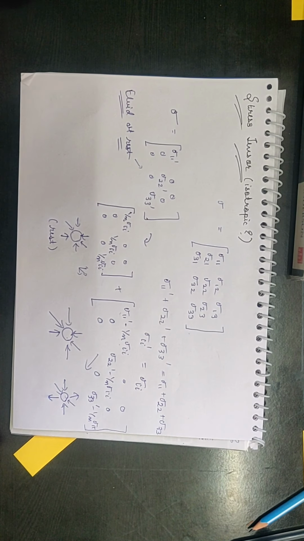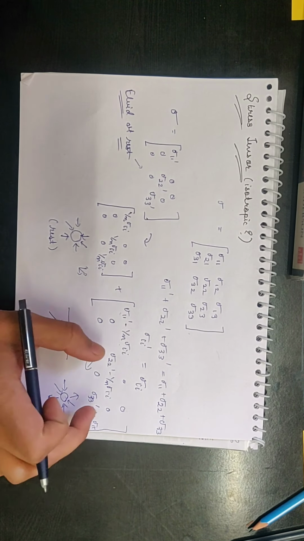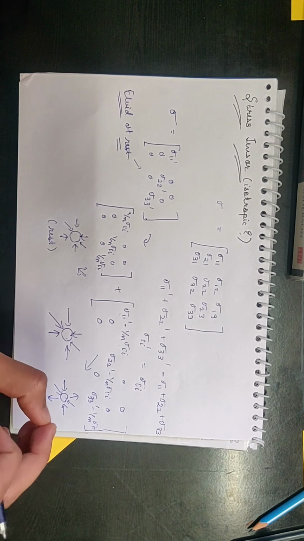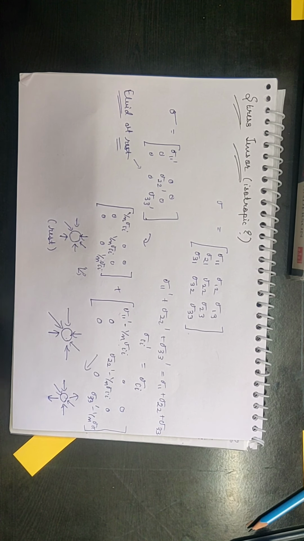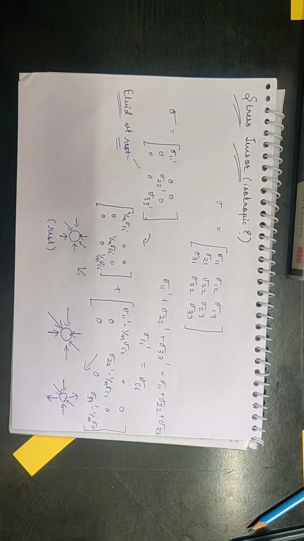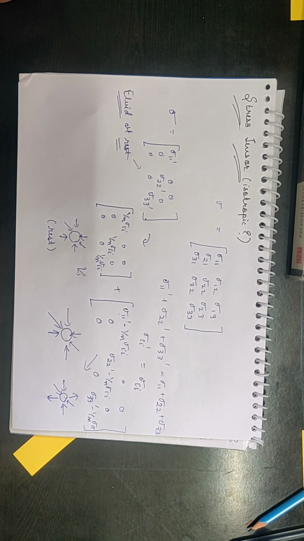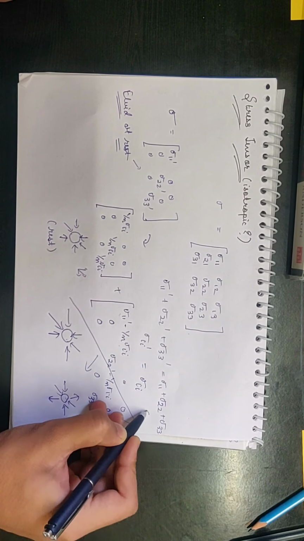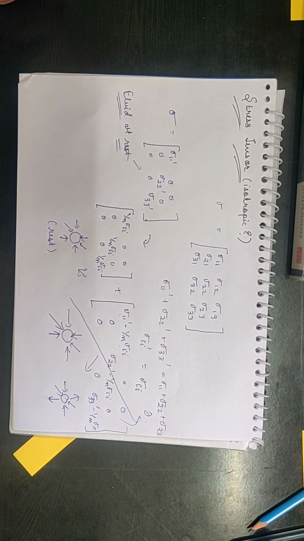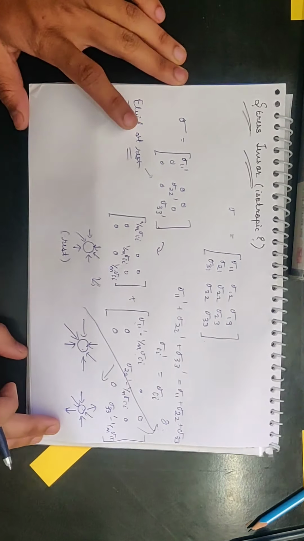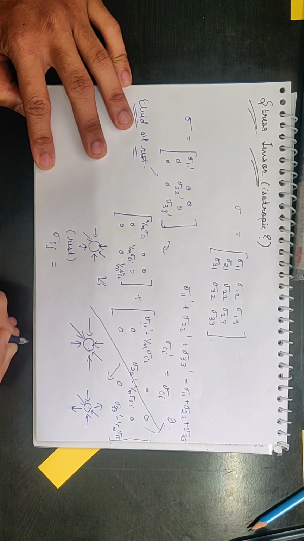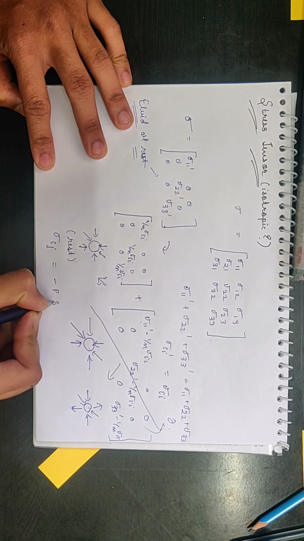This type of stress tensor cannot keep the fluid element at rest, because at least one of the normal stresses would either be trying to expand it or trying to contract it. So if we are saying that a fluid element has to be at rest, this component must be 0. So for a fluid element at rest, we can say that sigma ij must be minus p times delta ij.